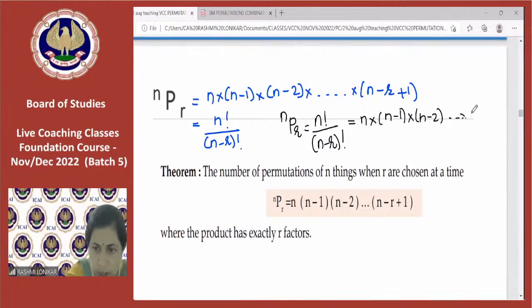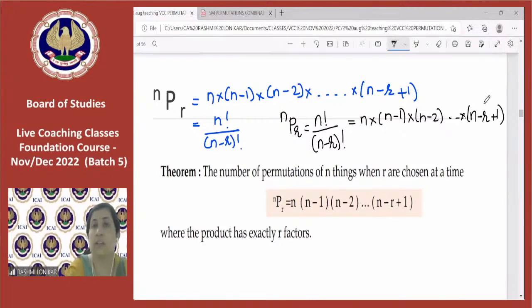We will go up to n minus r plus 1. Okay, so up till there we can go.